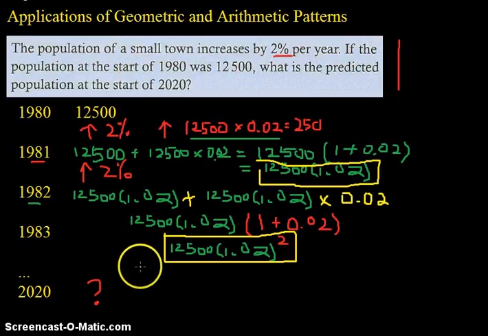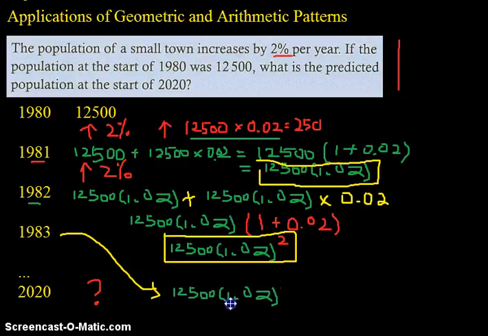All right. I hope you have put some thought into the population for 1983. So 1983, that's after 3 years, my expression for the population for that year would be 12500 times 1.02 to the power of 3.